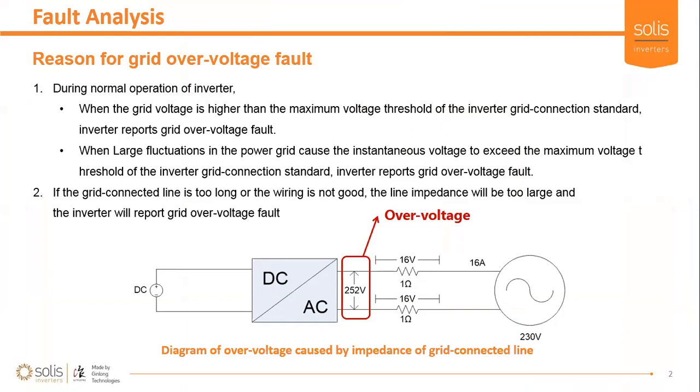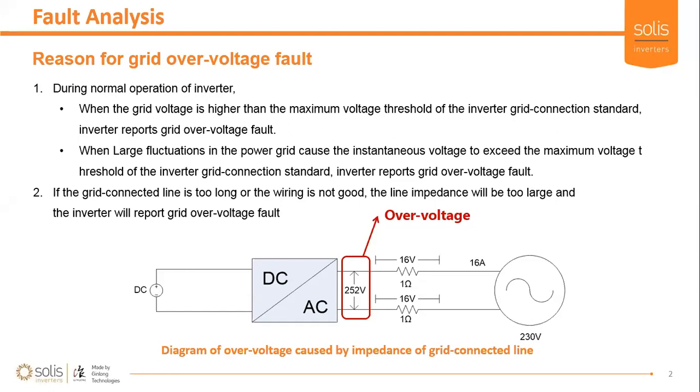When large fluctuations in the power grid cause the instantaneous voltage to exceed the maximum voltage threshold, the inverter reports a grid over voltage fault. Secondly, if the grid connected line is too long or the wiring is not good, the line impedance will be too large and the inverter will report the grid over voltage fault.